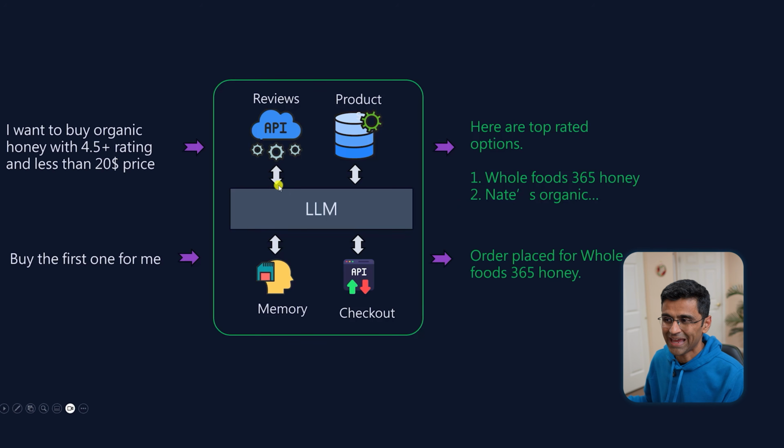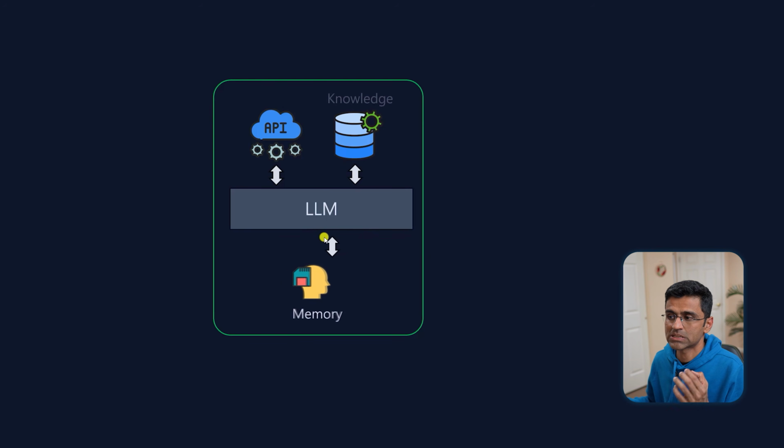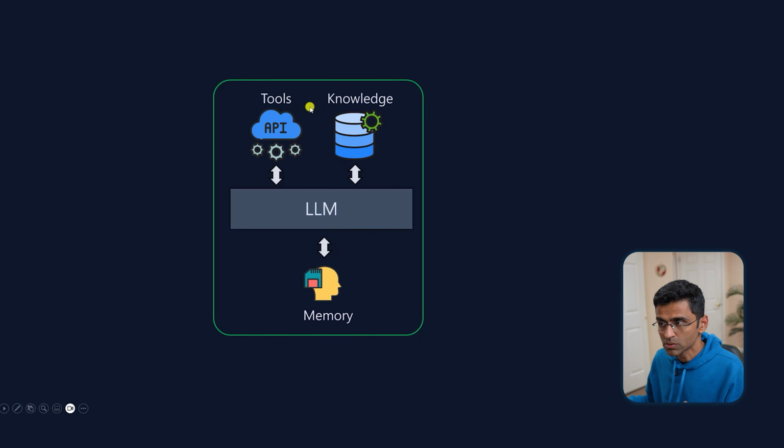So here the LLM alone is not capable of doing things, but when you give it access to tools, for example, review API and checkout API are the tools, the product database is knowledge, and memory is memory. So when an LLM is given access to tools, knowledge and memory, it can perform tasks for you in an autonomous fashion.